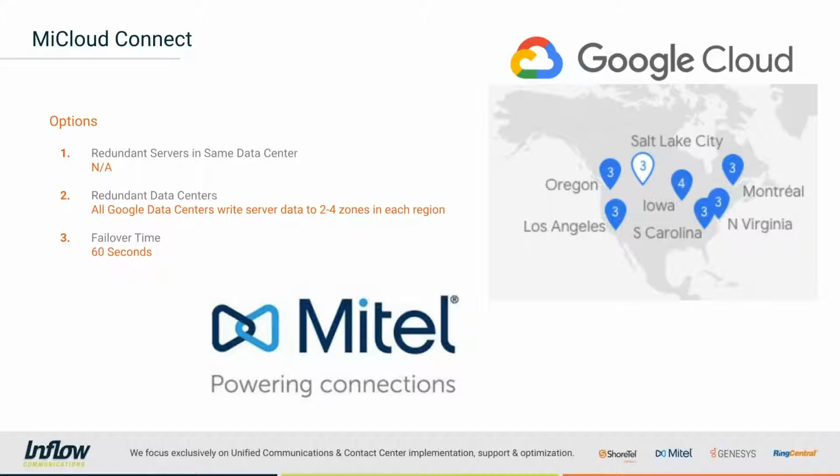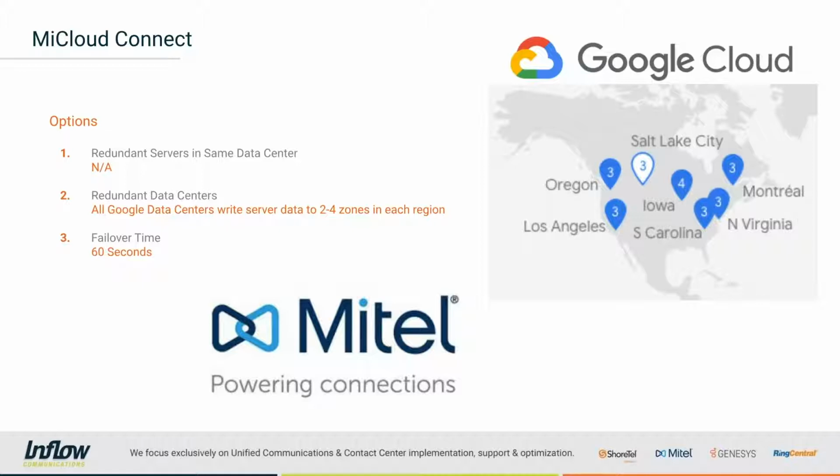Google doesn't use redundant servers in the same data center; that's not how Google Cloud does their redundancies. On this map, you can see what they call regions. The Oregon region has 3 locations, the LA region has 3 locations, Iowa has 4, and Salt Lake is a planned location.